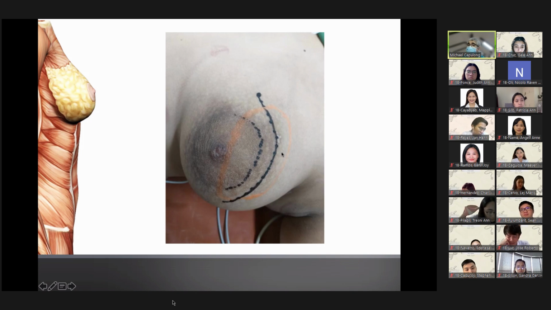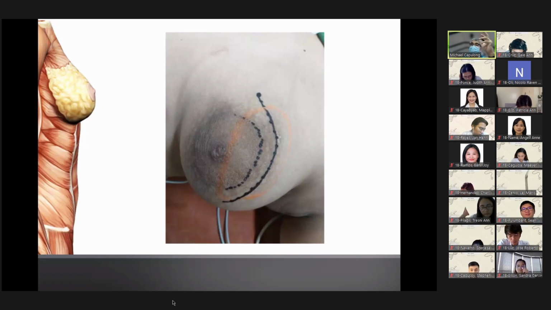the fat content. So basically, the breast will have three types of tissues: fibrous, fatty, and glandular. The fibrous tissue is responsible for giving form to the breast. Your fatty tissue is responsible for giving bulk to the breast, so I'm referring to the size of the breast.